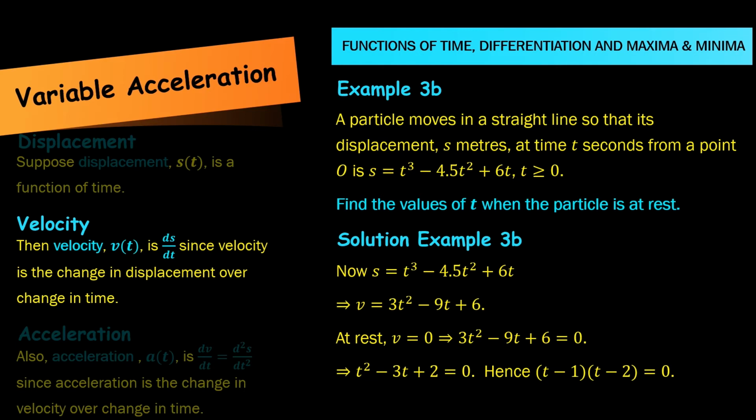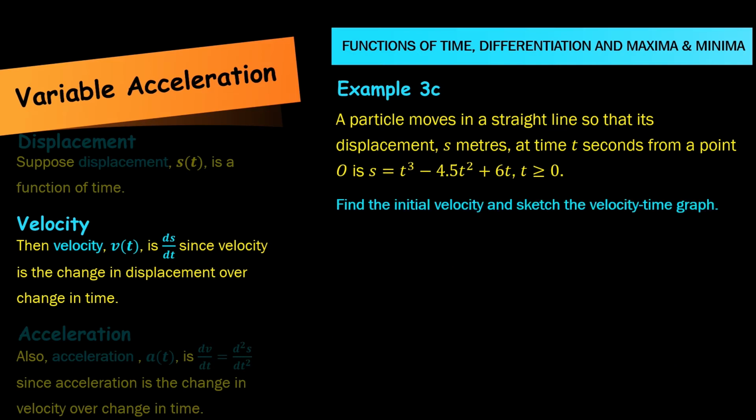And so if we factorize, we obtain t minus 1 times t minus 2 equals 0. And therefore, t equals 1 second or t equals 2 seconds when the particle is at rest.